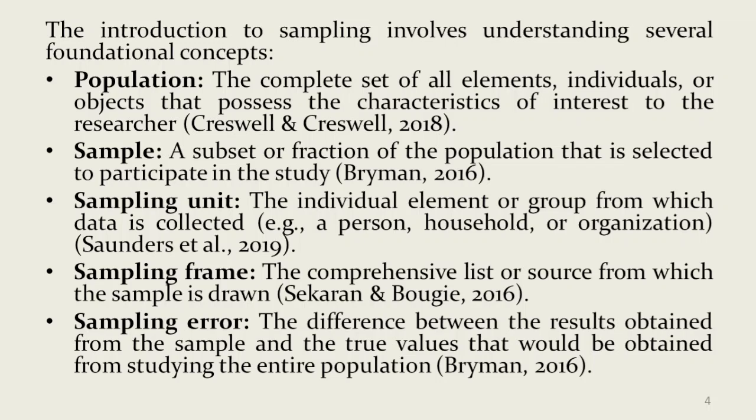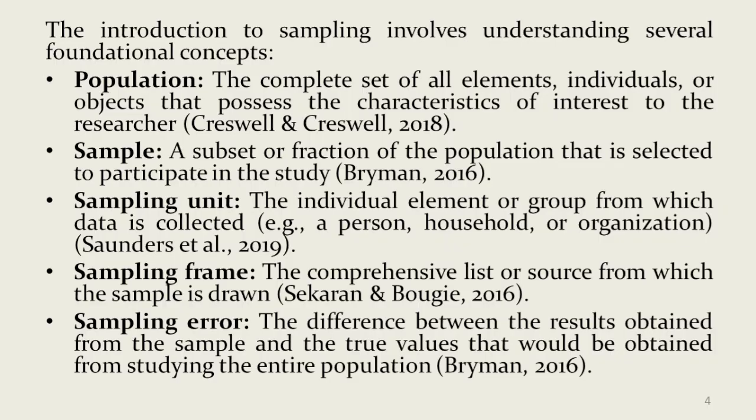A sample is a subset or fraction of the population that is selected to participate in the study. The sampling unit is the individual element or a group from which data is collected. That may be a person, household, or organization. And the sampling frame is a comprehensive list or source from which the sample is drawn.